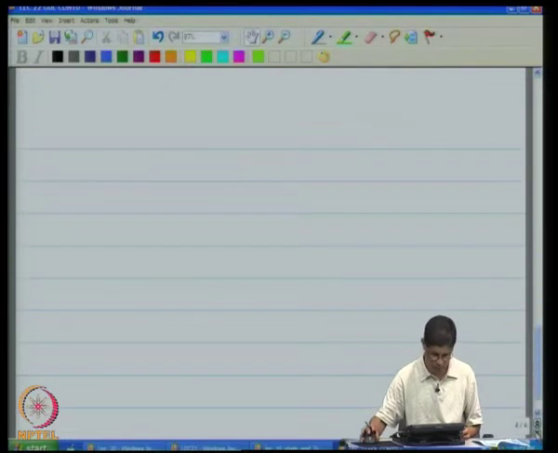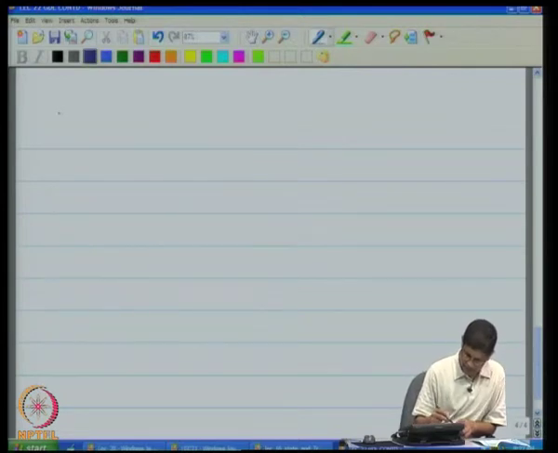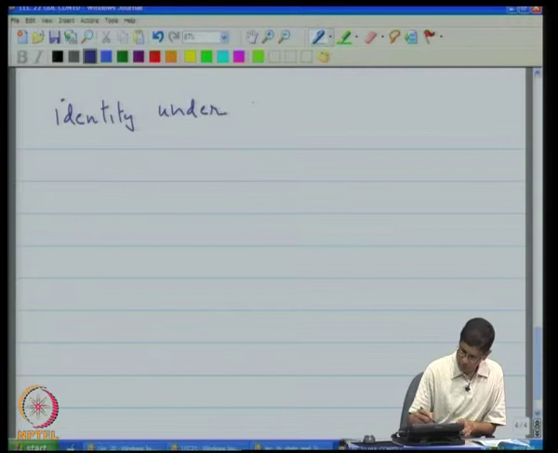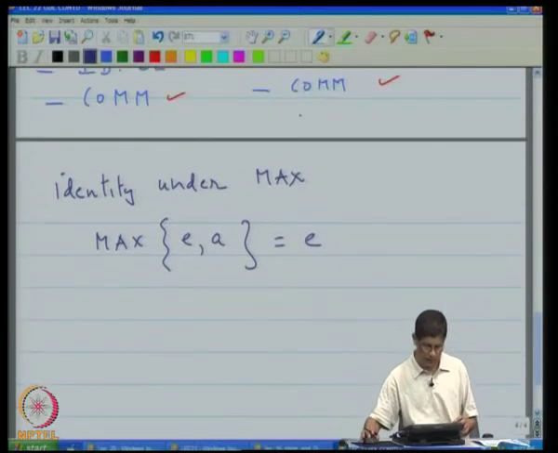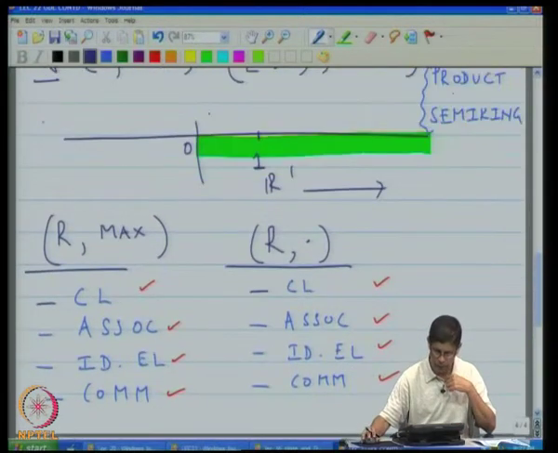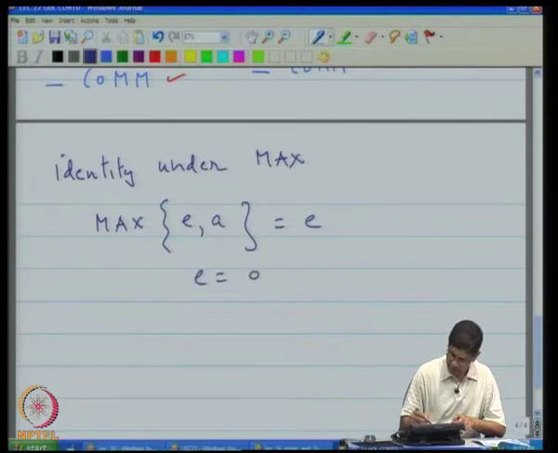Okay. So, let us just write the identity under the max operation, because we want that max of E and A should always be equal to A. So, the question is, in this set from 0 to infinity, which real number can play that role, and you can see that role can be played by 0.